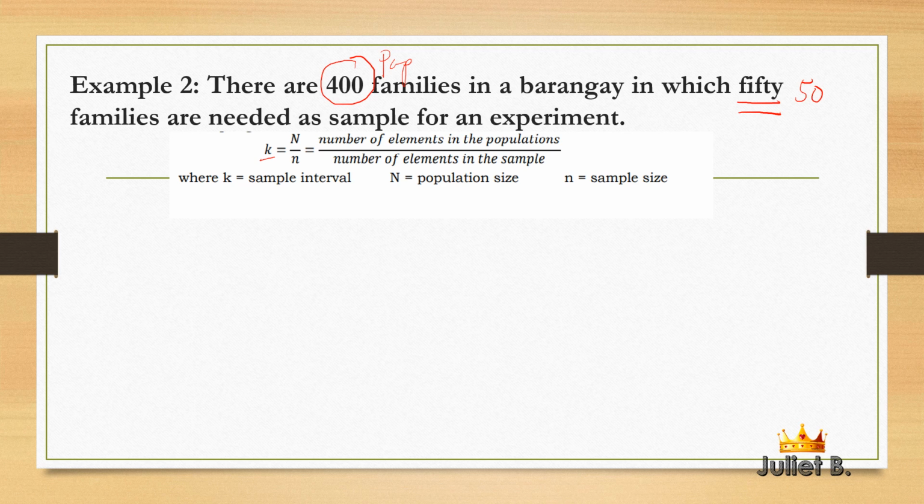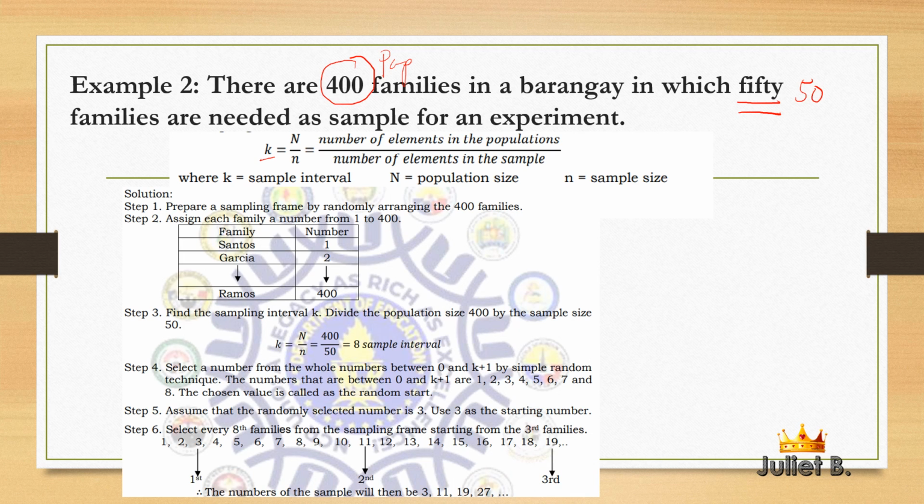So for us to compute that, since we're about to use the random sampling, kailangan natin kuhanin ang interval or yung K para malaman natin kung kada ilang number natin kukuhanin yung part of the sample. So let us solve for K.